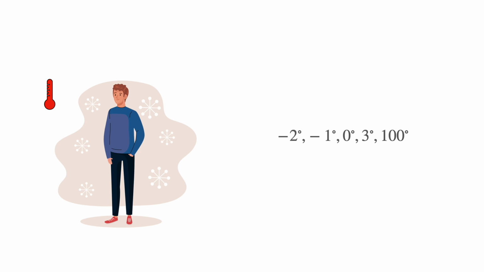So our 0-degree bin has 3 values in it: -2, -1, and 0 degrees. The 5-degree bin has 1 value, 3 degrees. And the 100-degree bin has 1 value, 100 degrees. All of the other bins have 0 values in them. So our mode in this case is 0 degrees because that bin has the most values in it.